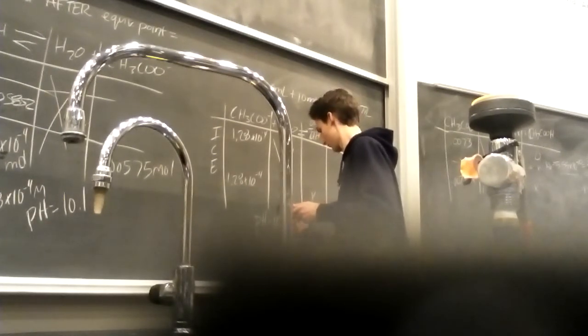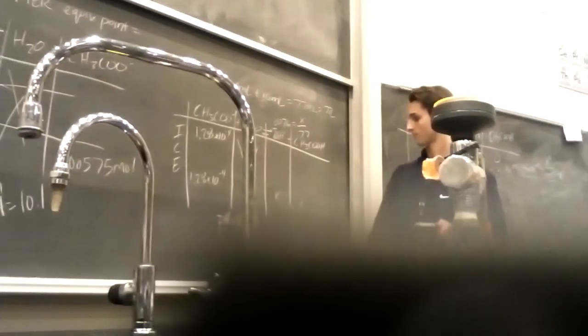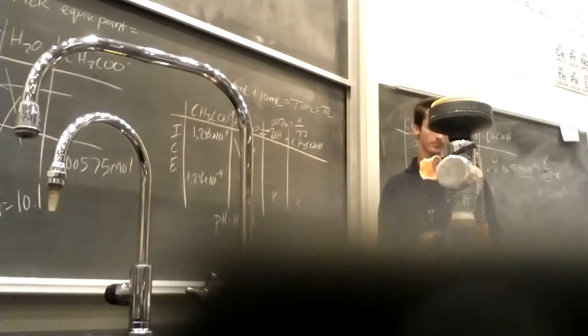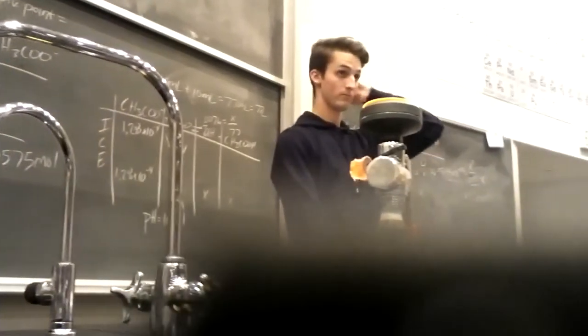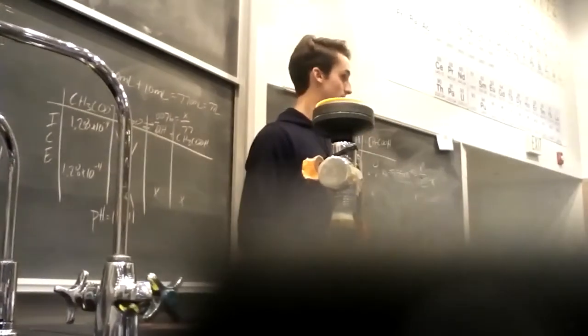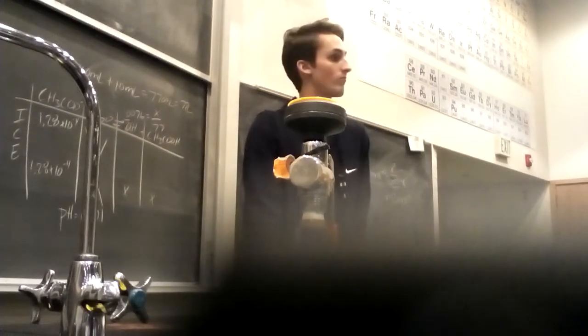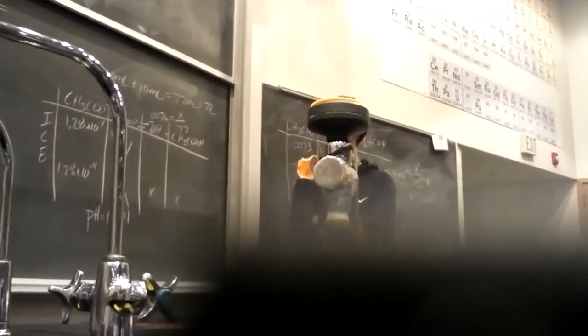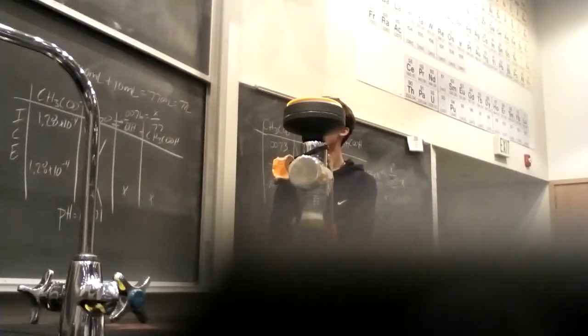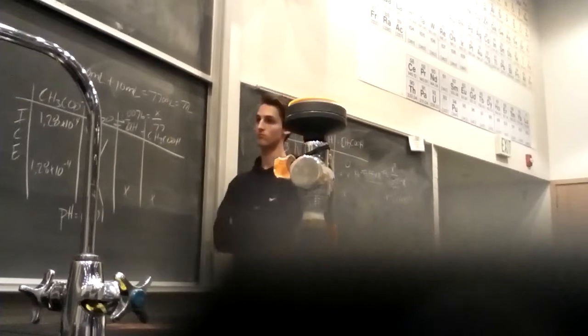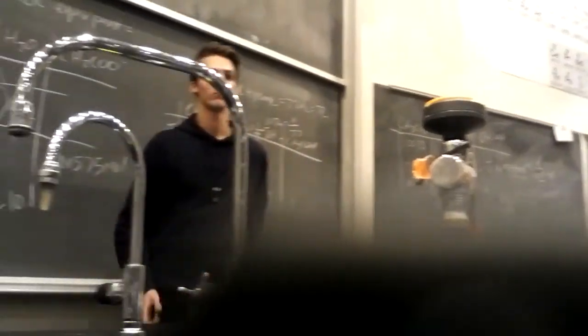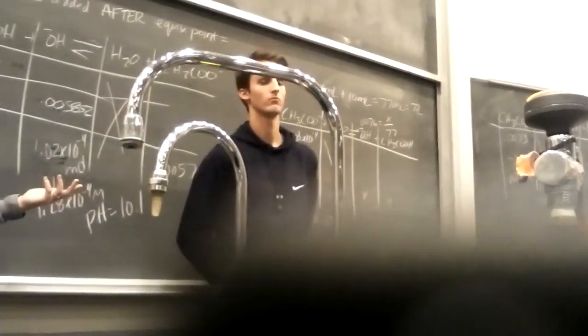A couple of questions up here. So do you use that same Kb when you use the RICE table? So the same Kb, exactly. And then there was one other question up here. Yeah? What was the number of moles of the CH3COO minus? Right here? 0.00575. Okay, so if we think about this, look at this reaction right here. What's happening is this reacts with this to produce these two. Before equivalence point, what's my limiting reactant? My OH minus.